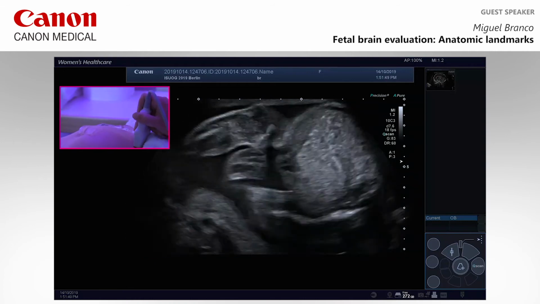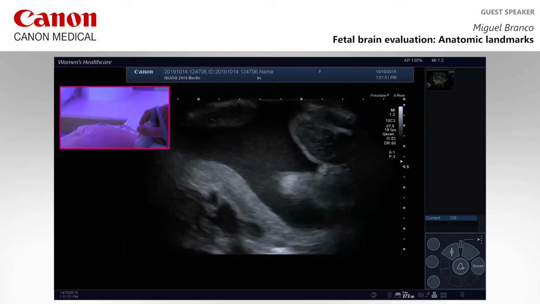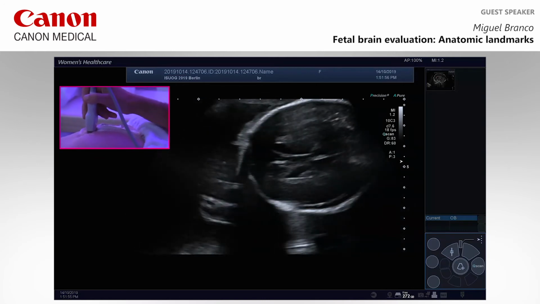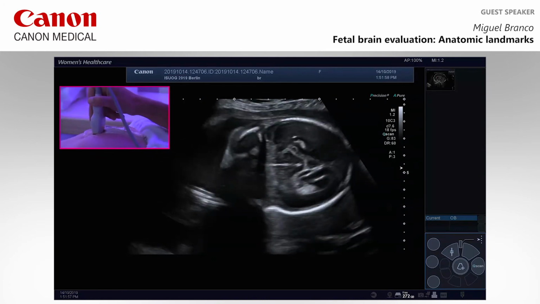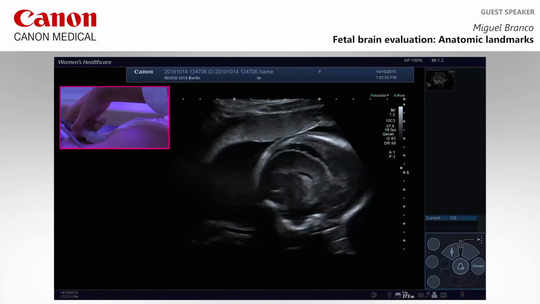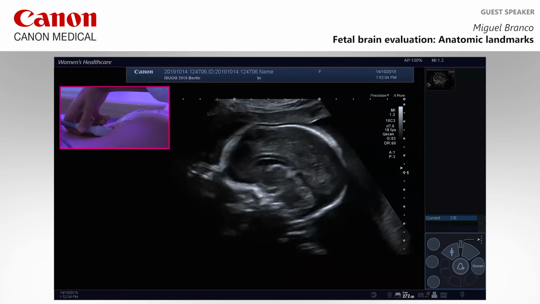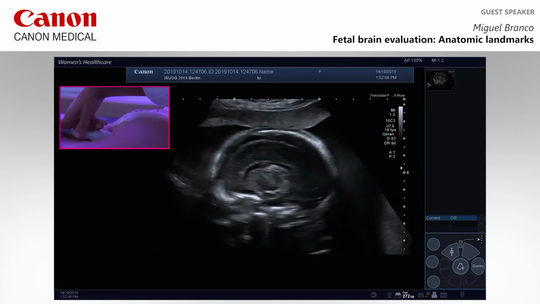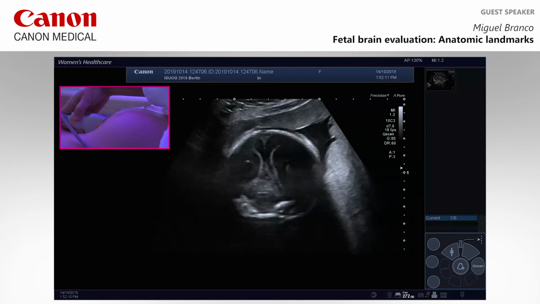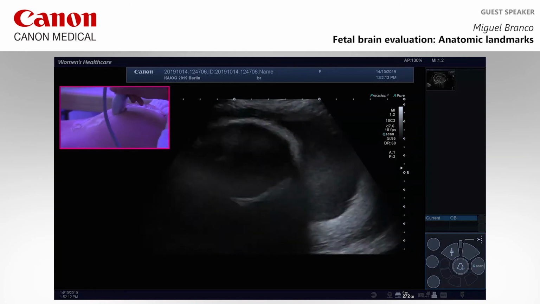Try to get an overview of the baby. He's in breech position. A quick overview of the brain. So let's start.